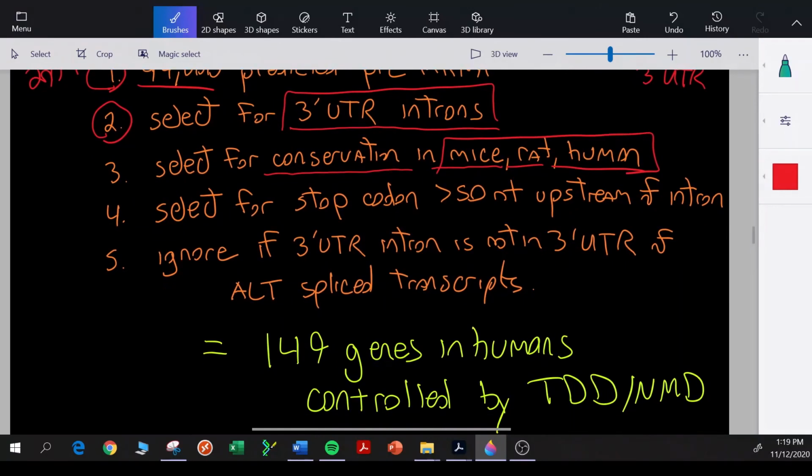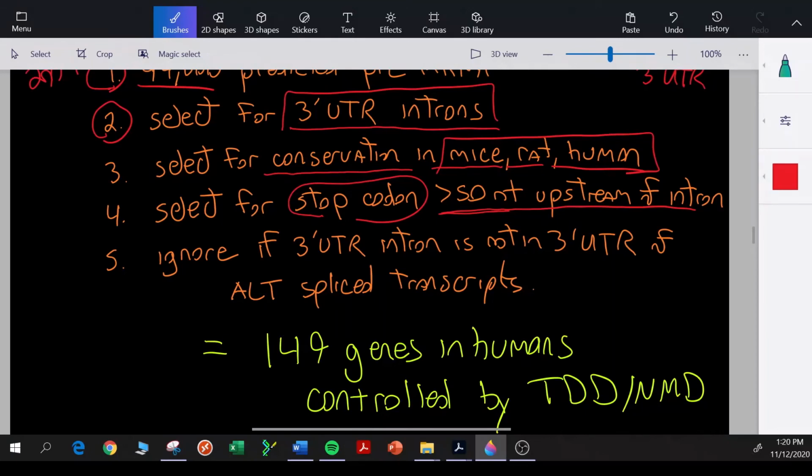Then among those, they selected genes with stop codons at least 50 nucleotides upstream of the intron. And we saw this in the previous video. If the stop codon is too close to that intron, the ribosome will end up dissociating that intron before it reaches the stop codon.